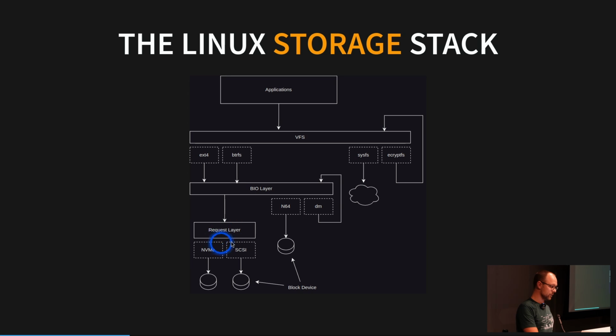So I put that down here, the request layer, and underneath that we have stuff like NVMe or SCSI. These drivers may attach to locally attached devices over PCI bus or SCSI host bus adapters, but they can also access storage through the network. So you can have network attached NVMe devices, for instance.